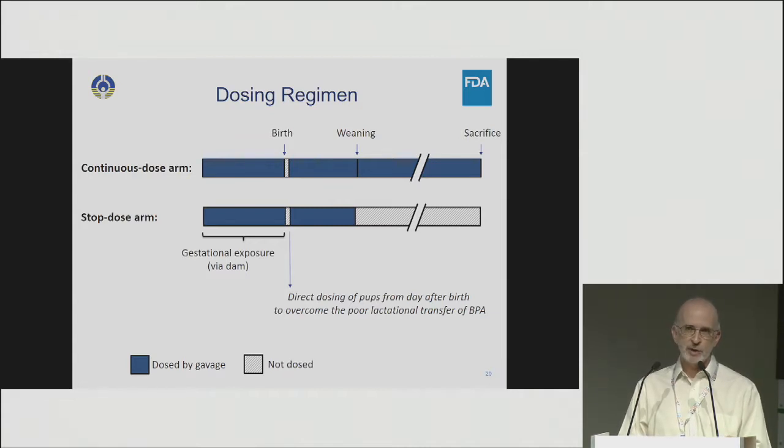There's very low oral bioavailability of E2 in the adult rat. So the same differential dosing, high doses administered directly to the pup at weaning versus the adult, that we see in BPA is true for ethinylestradiol.